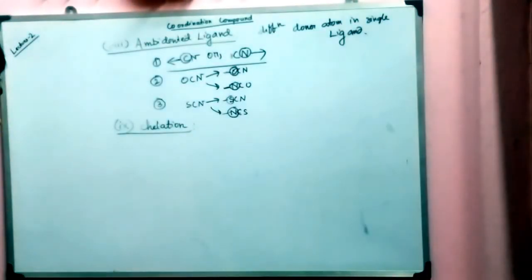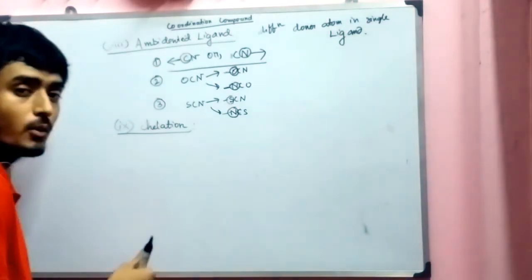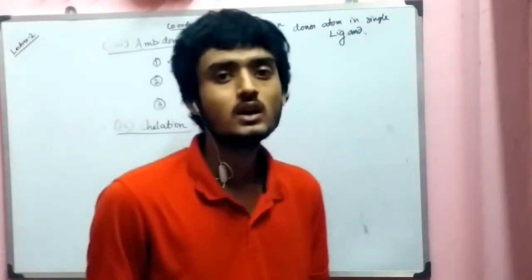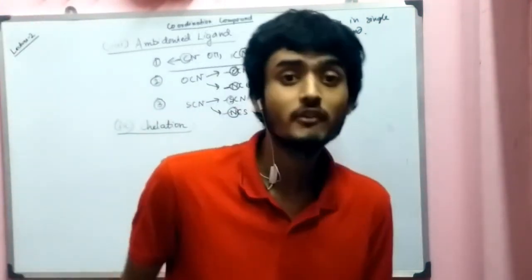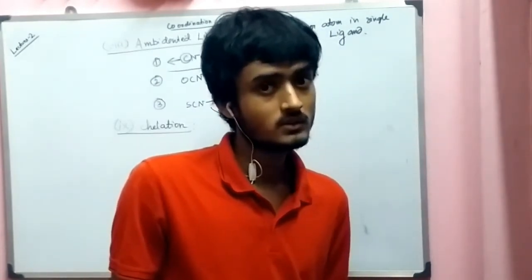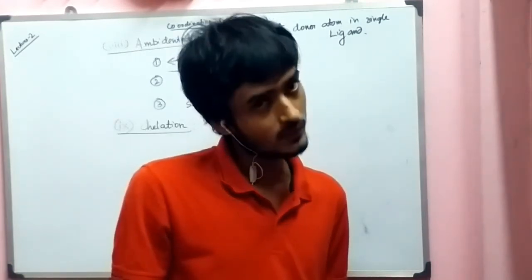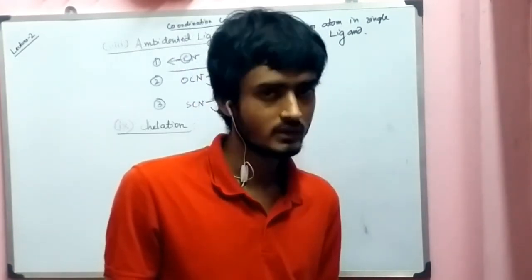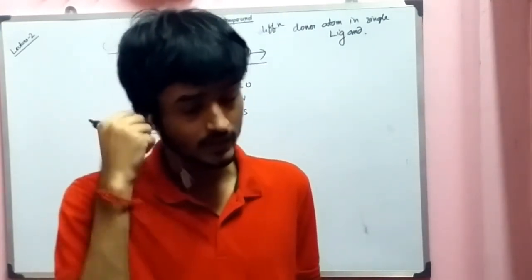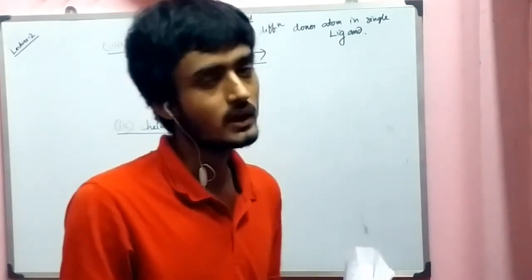So what is chelation? Chelation is when a polydentate ligand forms a ring-like structure with the central atom. This phenomenon is known as chelation. First I will write the definition, then I will be taking an example, and subsequently it will be clear to you what I am trying to say.